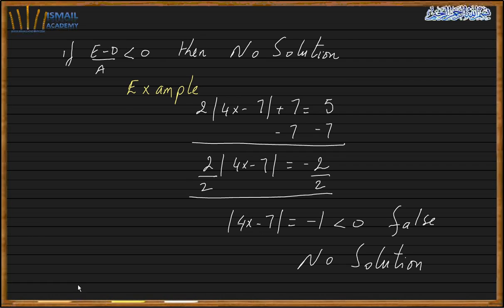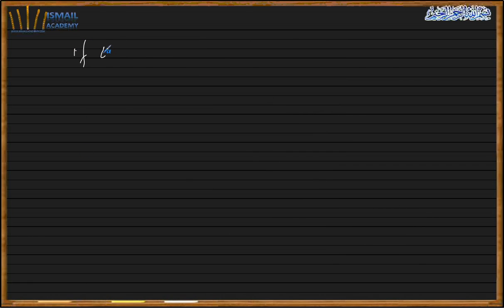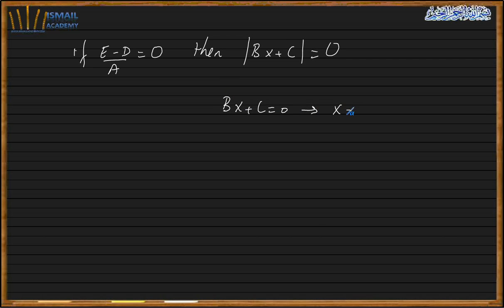Second case, if E minus D over A is equal to 0, then the absolute value of bx plus c will be equal to 0. The only value whose absolute value is 0 is 0 itself, which means bx plus c equals 0. So x will be minus c over b: minus c both sides, divided by b, and you get your answer.